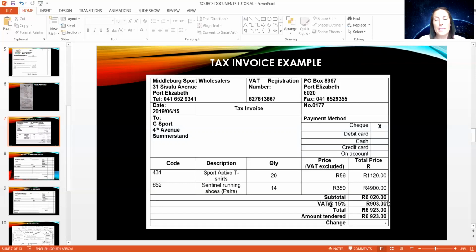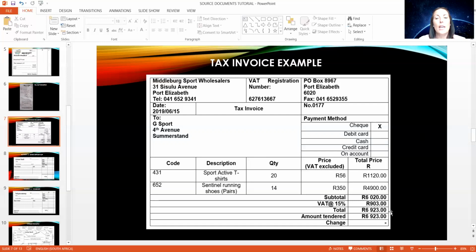So it's the 15% of 6020 that we work out. The final amount is then 6020 plus 903, and then we get 6923, and that is also the amount that G Sport would have written on the check that they issued to Middelburg Sports Wholesalers.